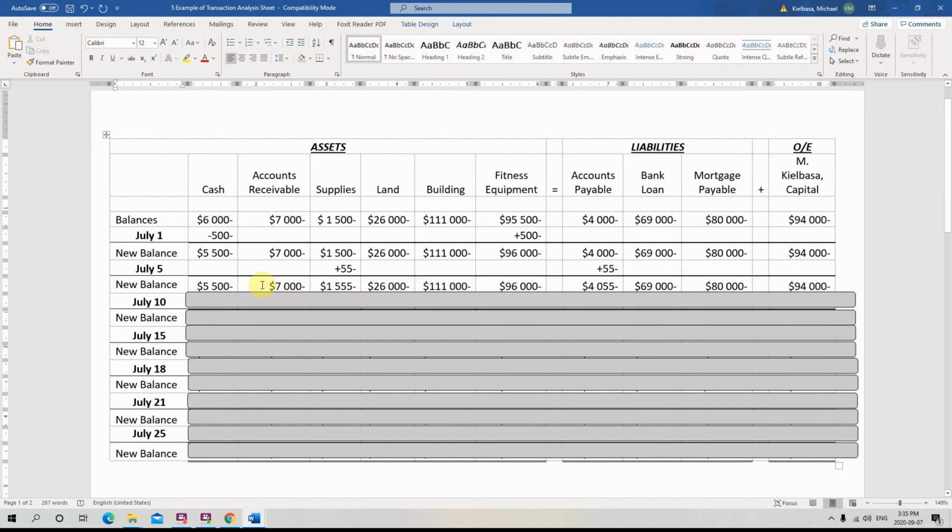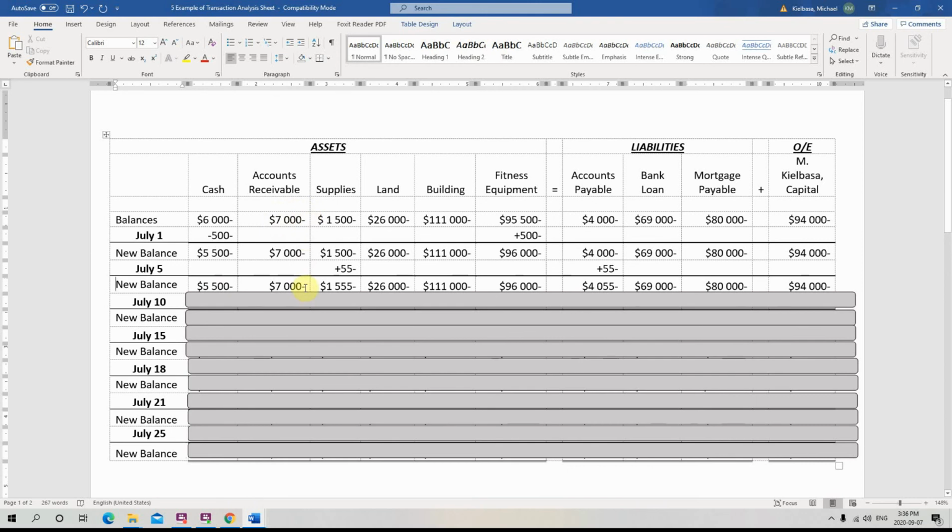Now, let's suppose on July 10th, we receive $3,000 from debtors. So our cash is going to go up $3,000, and accounts receivable is keeping track of how much people owe us.